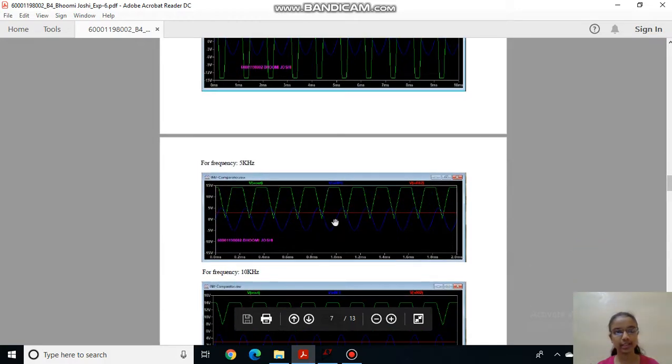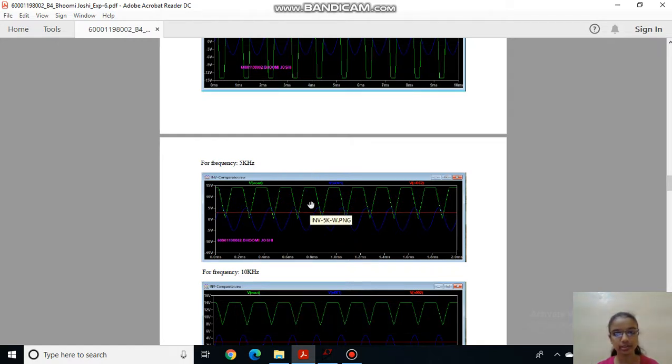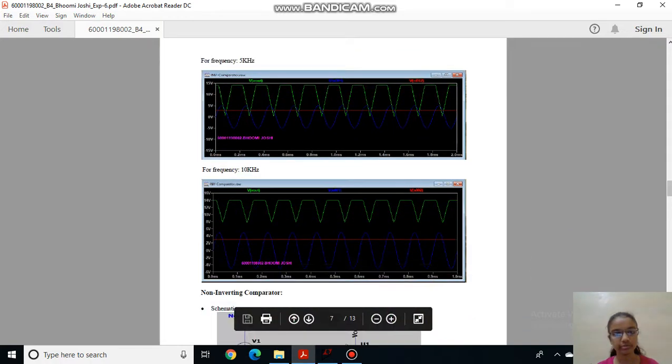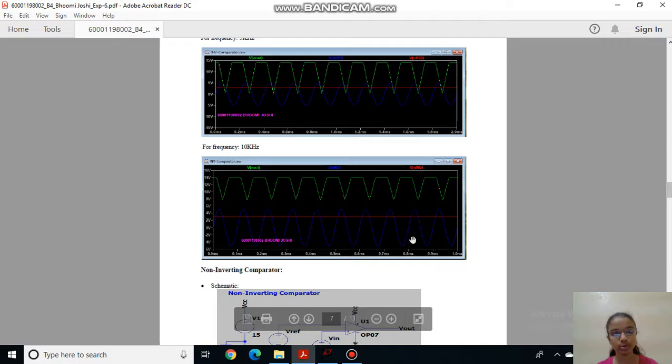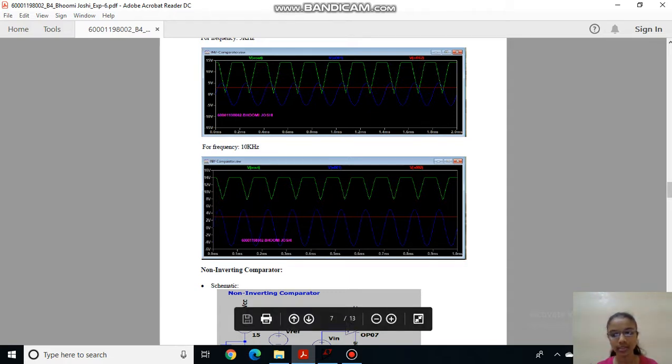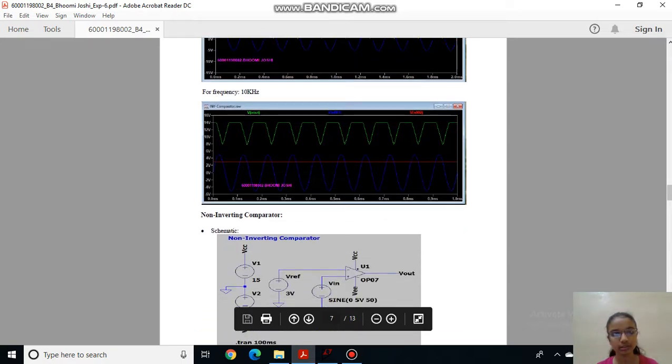So here in case of 5 kilohertz, as you can see, my comparator output is shifted little bit, but in case of 10 kilohertz my output is shifted so much, which is 3 plus positive saturation level. 3 means my reference voltage is 3 volts.